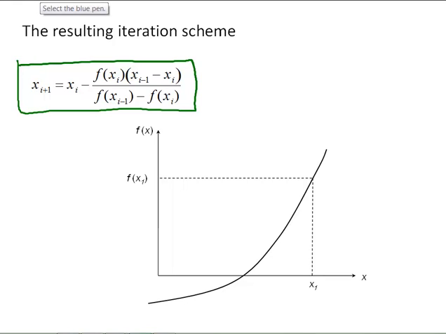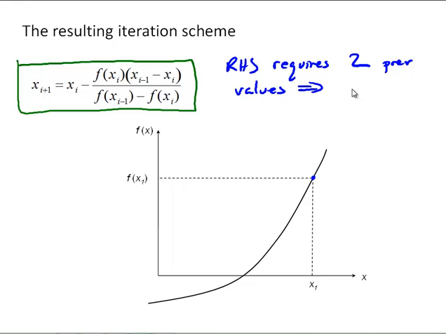So let's look a little bit conceptually about how this is going to be different. So let's say here is our x1. Well, the first thing we need on the right hand side requires two previous values. That means we need two initial guesses.